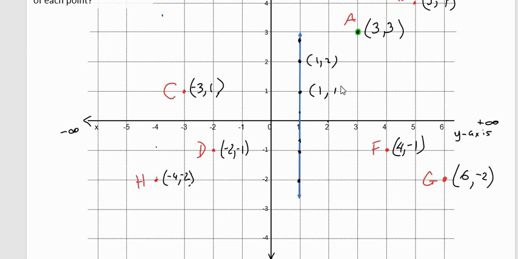This will be 1, 1. This will be 1, 0. This will be 1, negative 1. This will be 1, negative 2. Realize the consistency. All these x values are 1 because the straight line itself cuts the x-axis at 1.